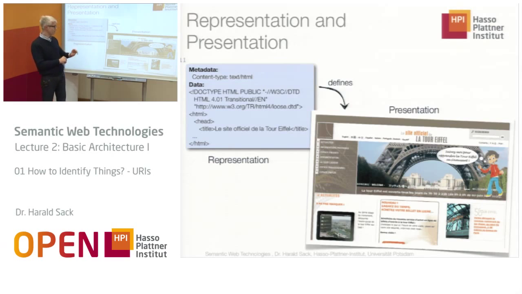This is the presentation in the web, how you see it in the browser. And the metadata of that is the representation. It means this is the HTML web page that you can see on the web, and the browser translates this HTML into a presentation format that you can read as a human.